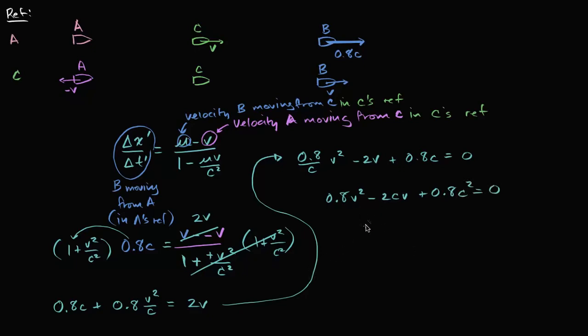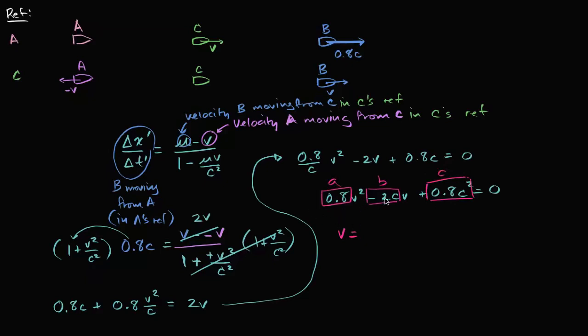And we could keep trying to algebraically manipulate this, but we could just go straight to the quadratic formula here to solve for v. I'll do that in a different color just for kicks. V is going to be equal to negative b. So this right over here is b. This is our b, this is our a, and this is our c. We're talking about the coefficients using the quadratic formula.